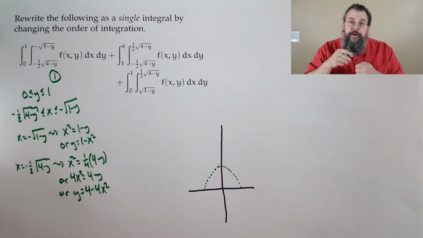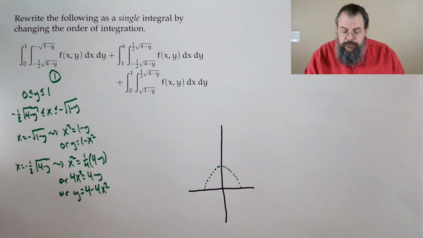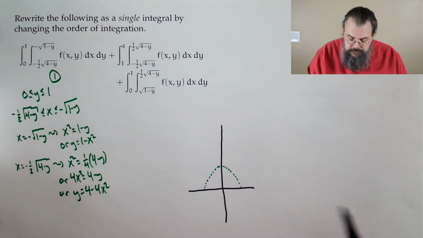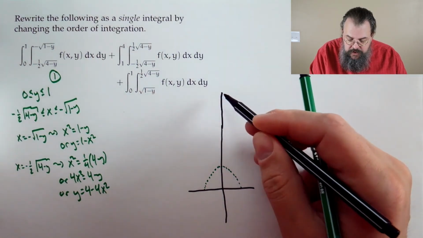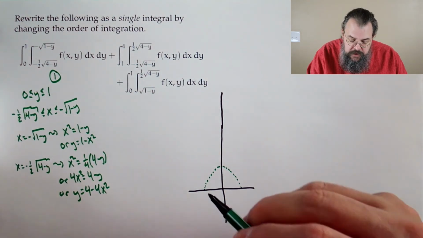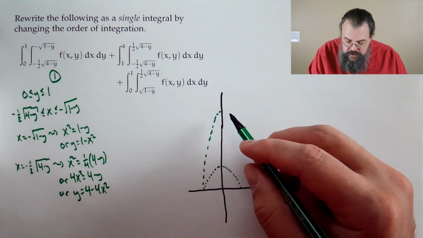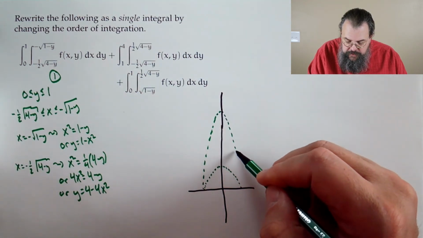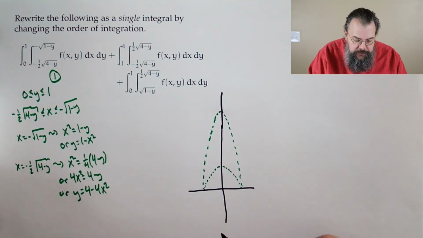So it's actually very similar to the curve we just drew, just stretched up by a factor of 4. Stretch this up a little bit taller, so it comes down something like that.